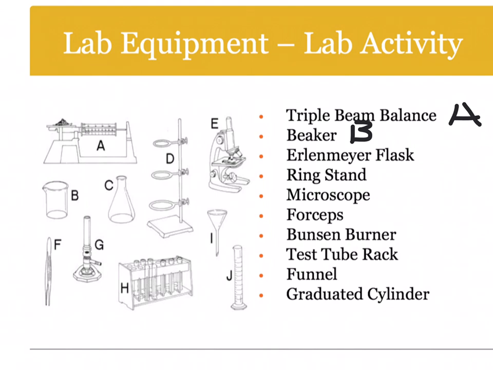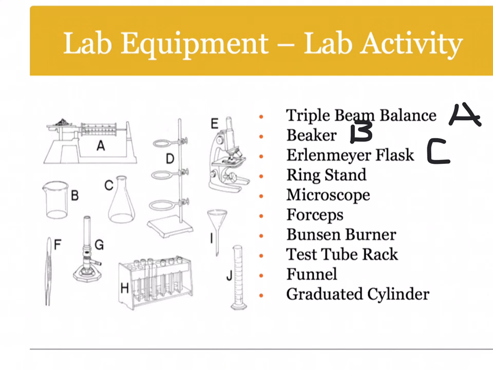So typically what we use a beaker for is to hold materials, to transport them from one location to the next. C, I don't care that you know the full name of this. This is an Erlenmeyer flask, and what we use an Erlenmeyer flask for is to mix materials. We would put material in there and then gently swirl it around in order to mix things safely.